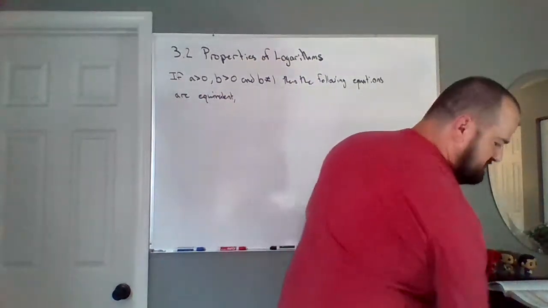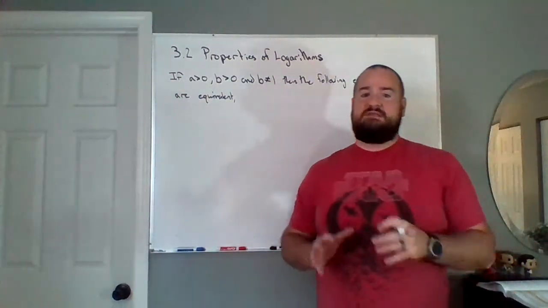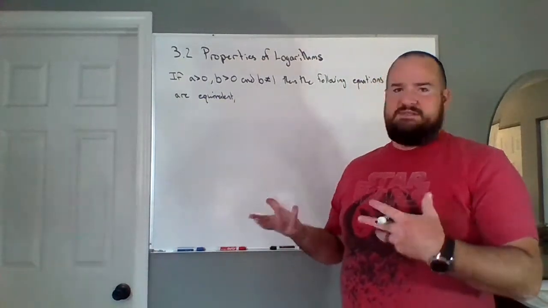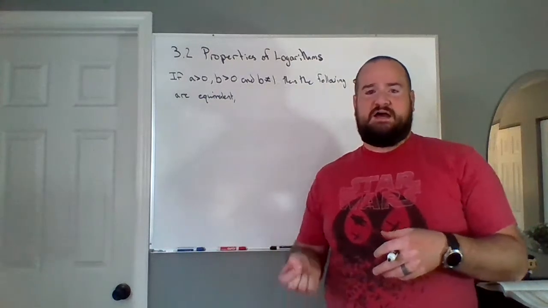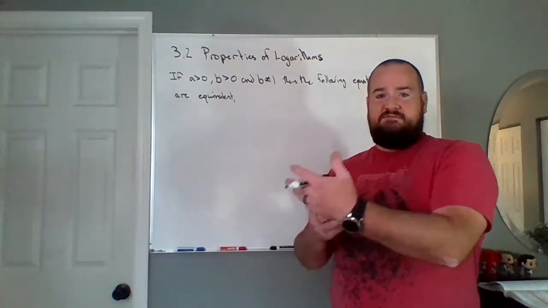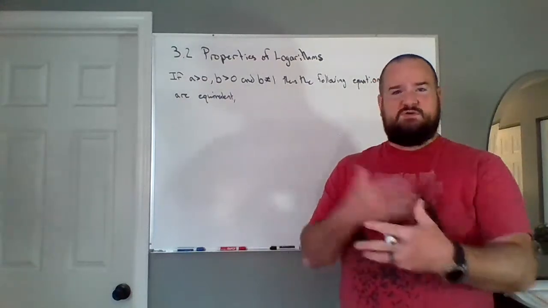And what does it mean for these two equations to be equivalent? It simply means that we can jump from one form to the other. It's similar to 2 plus 5 equals 7, and 7 minus 5 equals 2. Those are equivalent equations.